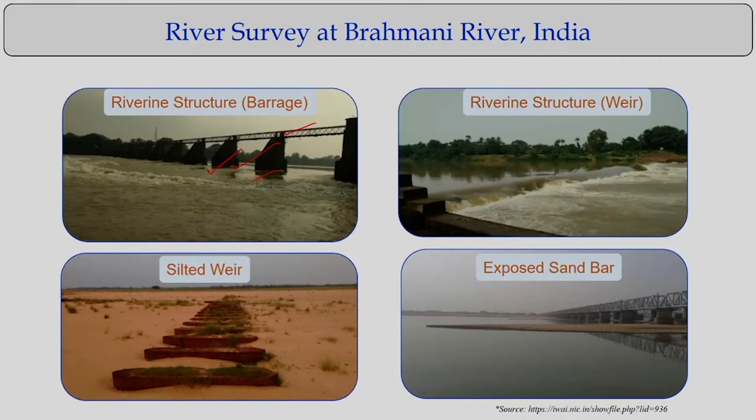We should have that understanding. Because of human intervention, having the barrage, having small weir structures, you can see there is a weir with water spilling over it. And 100 years back, the weir structures have become totally silted up. You can see in these photographs that it's totally silted up.